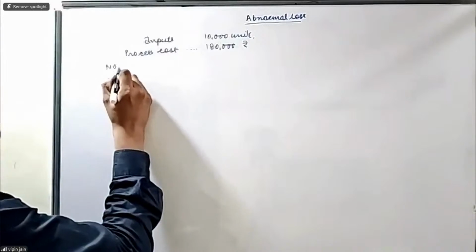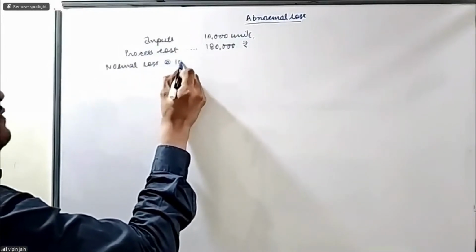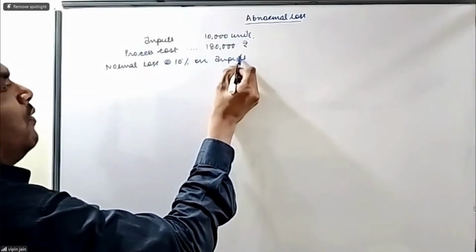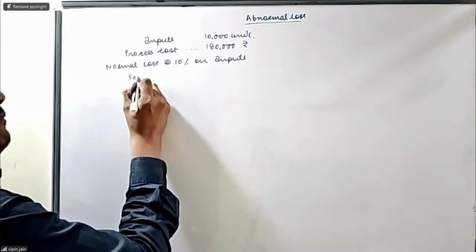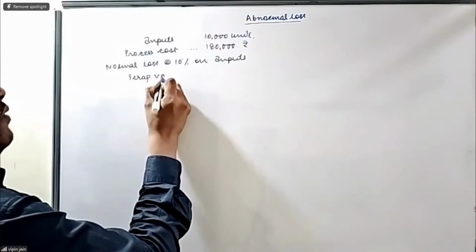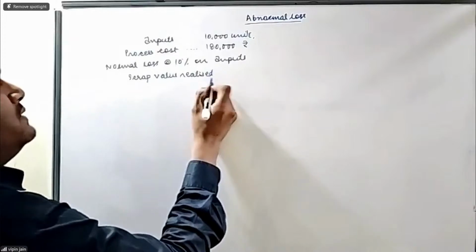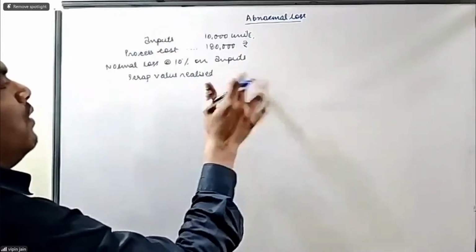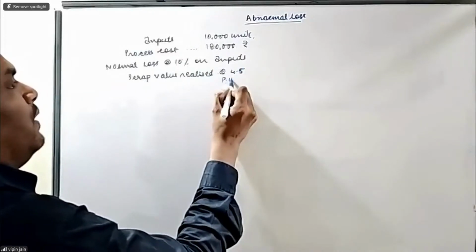Further, the management has clearly predicted this normal loss in advance, at the rate of 10% on inputs. Further, the scrap value realized is at the rate of 4.5 per unit.